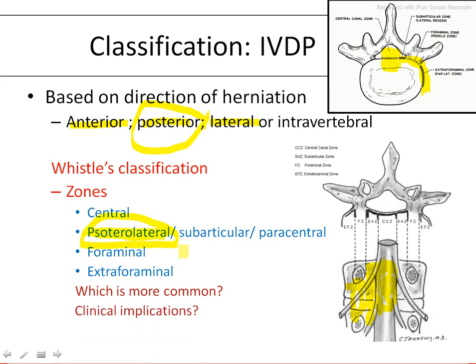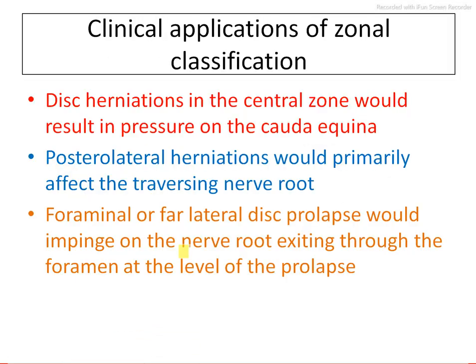So what are the clinical implications behind this? When there is disc herniation in the central zone, what we have discussed is that the central zone is close in vicinity to the spinal cord. So this is your spinal cord, and do you recognize this structure?